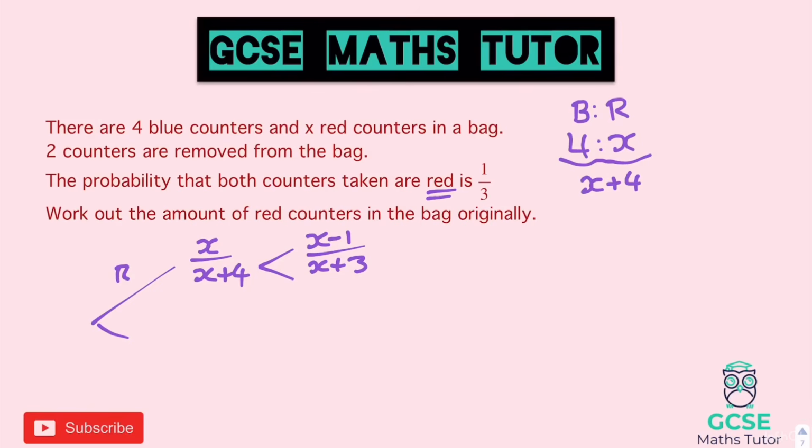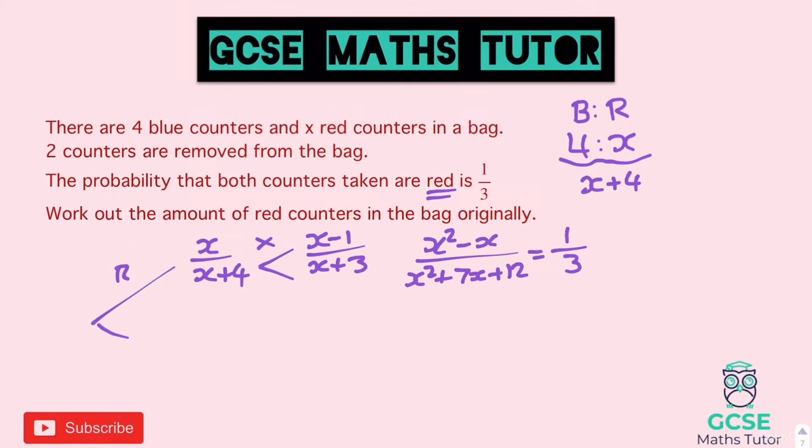So x times, and you can always put a little times sign here, x times x minus 1 gives us x squared minus x, and on the bottom we have a double bracket again, and if we expand that double bracket we get x squared plus 3x plus 4x, which is 7x plus 12, and that equals 1/3.